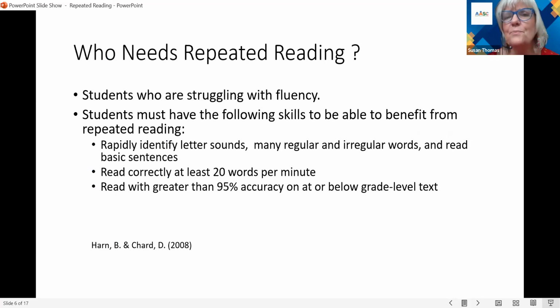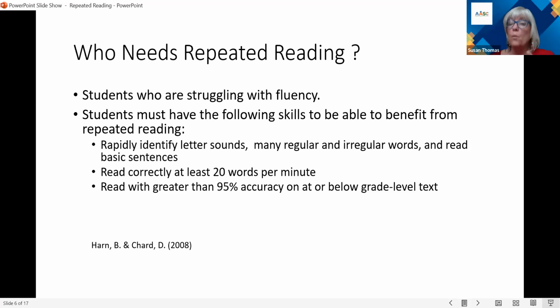So who needs repeated reading? Students who are struggling with fluency, but students must have the following skills to benefit from the repeated reading we're going to talk about today. They need to be able to rapidly identify their letter sounds, know regular and irregular words, and read basic sentences.